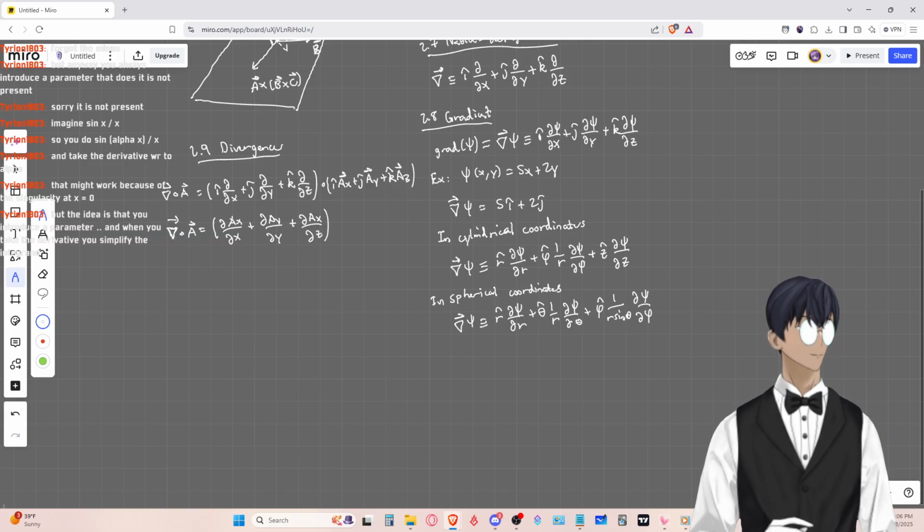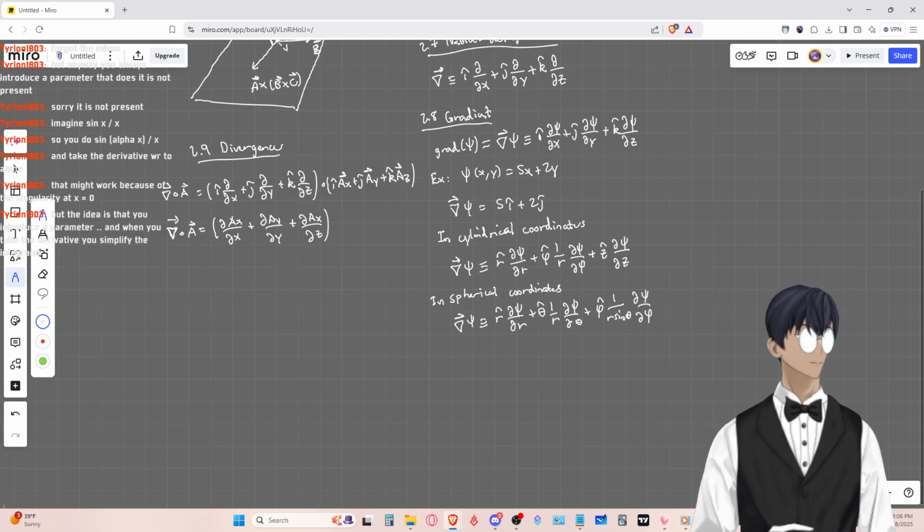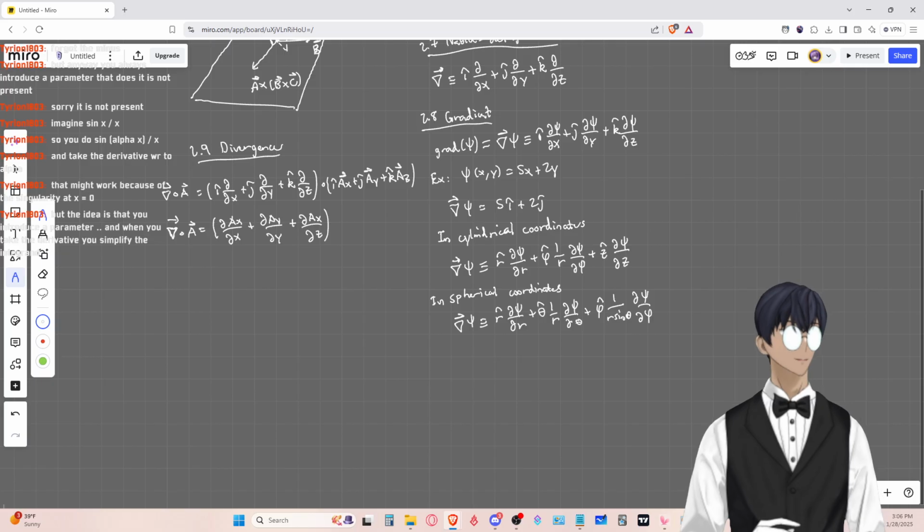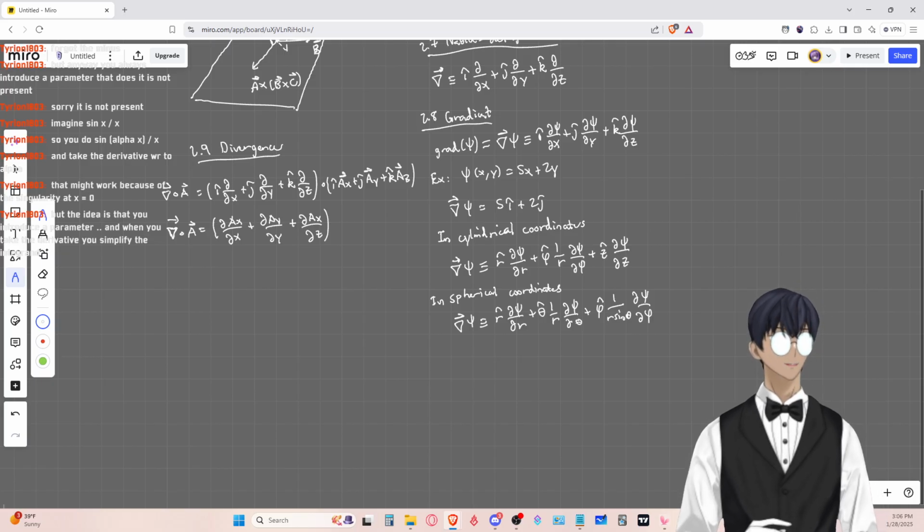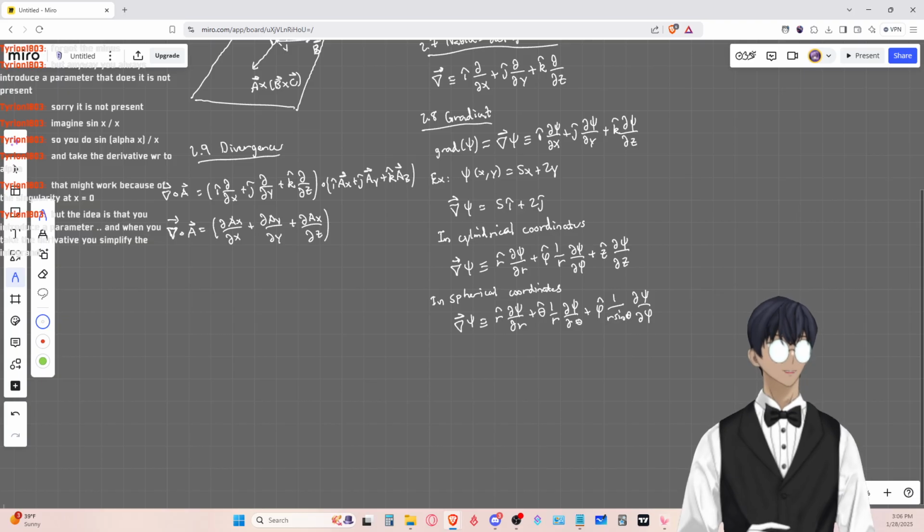That might work because of the singularity at... but the idea is that you introduce a parameter, and then when you take the derivative, you simplify the integrand. Okay, so you basically are just using the differentiation to make your integrand much more manageable to work with.